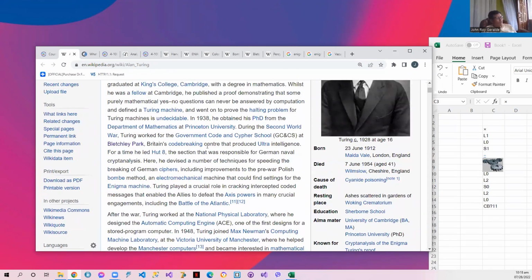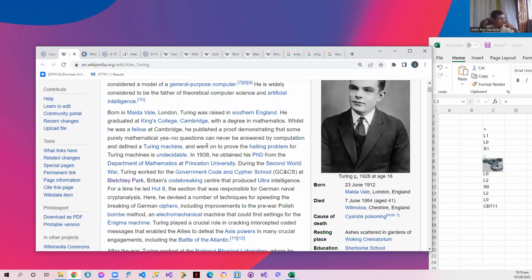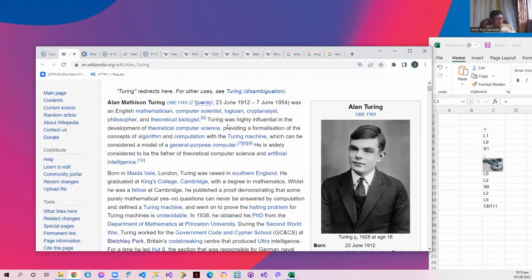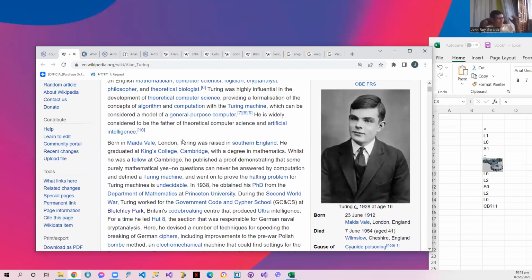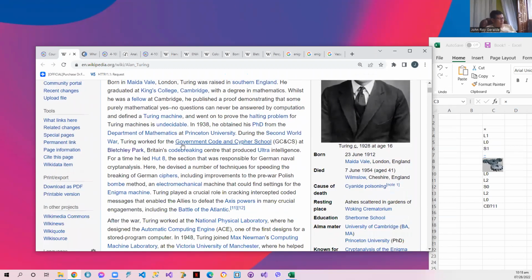Okay. So he was mainly accredited for the victory of the Second World War by the Allied countries, against Germany and Japan and Italy, for his breaking of the Enigma code. He broke the Enigma code.